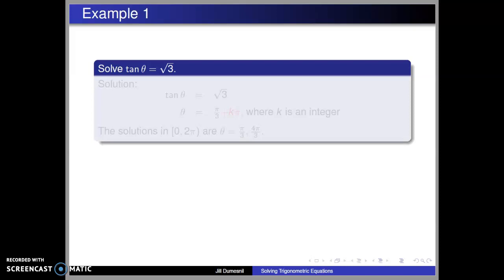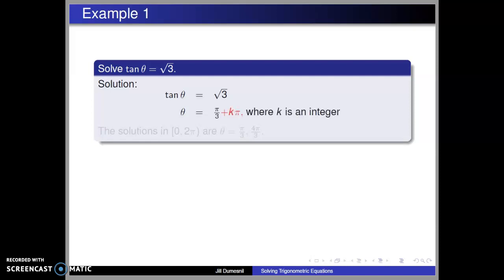Let's solve the equation tangent theta equals the square root of 3. Since no interval is specified for the solutions, we must find all real solutions to this equation. Considering our given equation, we know from the unit circle that the solutions will occur in the first and third quadrants.